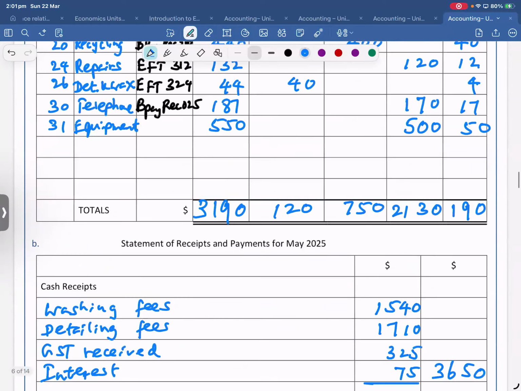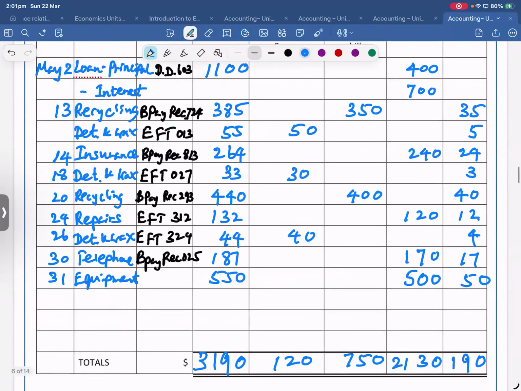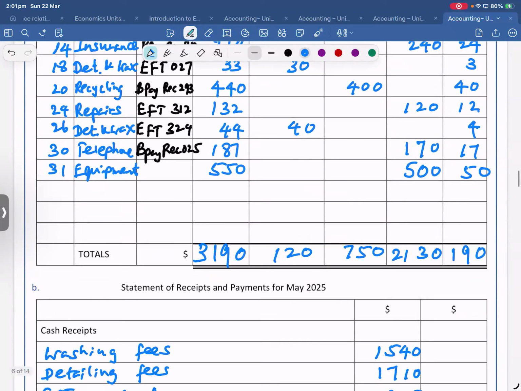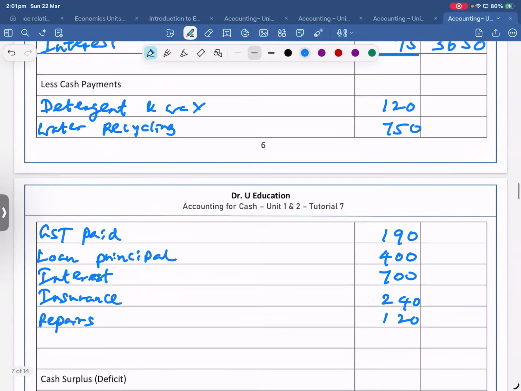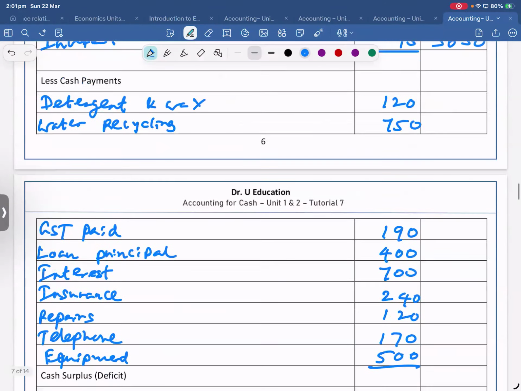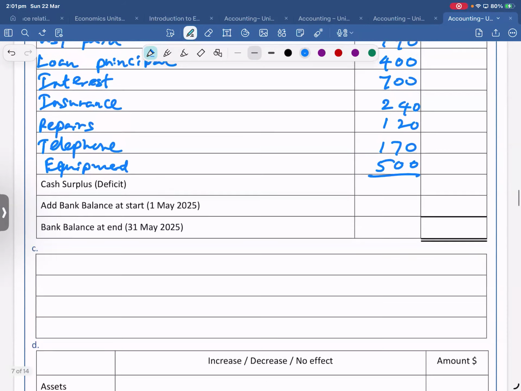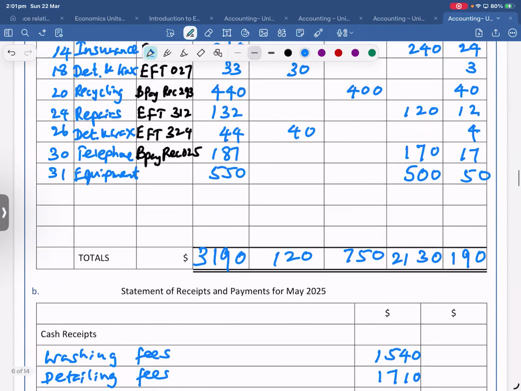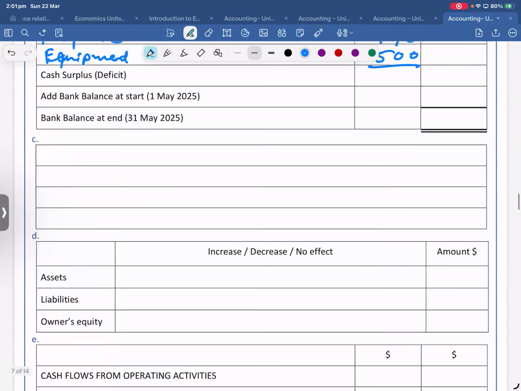Then we have telephone 170, equipment 500. Right. Then we are going to add all of them together. So our total is 3,190.